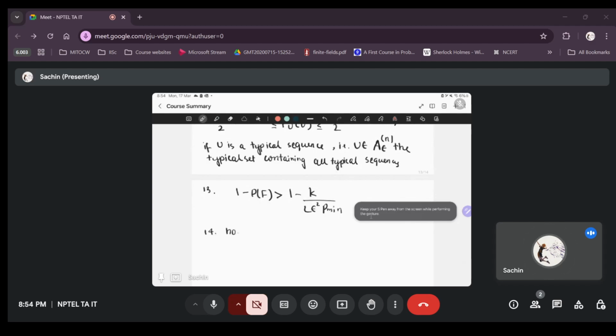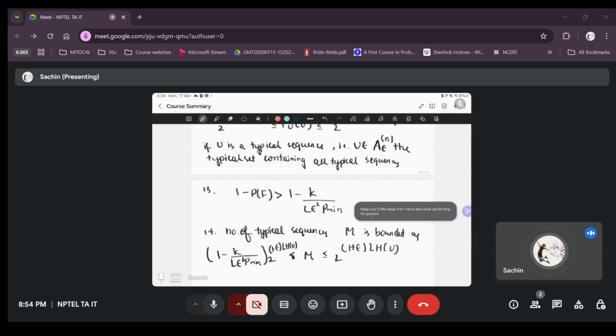Finally, the number of typical sequences M is bounded as M less than or equal to 2 power (1 plus epsilon) L H(U), and greater than (1 minus K over L epsilon square P min) 2 power (1 minus epsilon) L H(U).